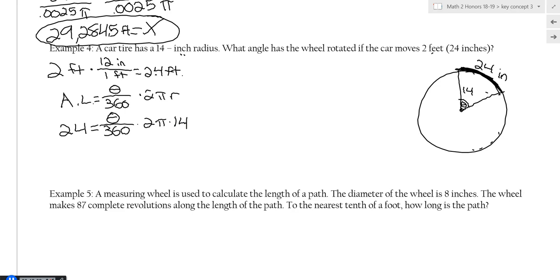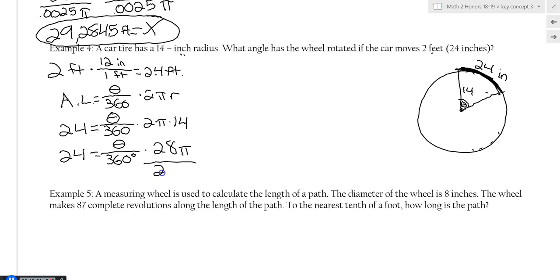So again, I'm going to simplify this by just multiplying the 2 times the 14. 28 pi.